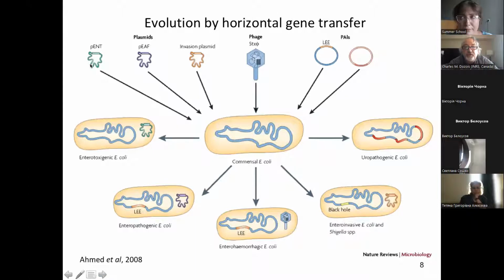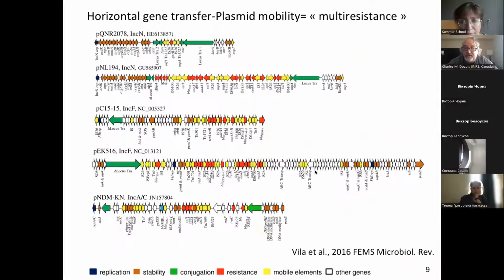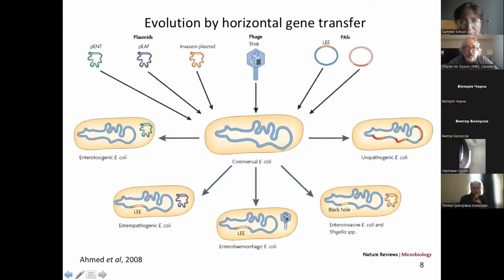So here you have examples of virulence plasmids, and lysogenic phage or prophages that can code for virulence factors such as toxins, the horizontal gene transfer based on mobile genetic elements that can lead to the integration of what is known as pathogenicity islands that contain important virulence factors that can be critical for infection.